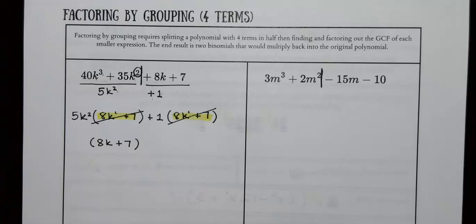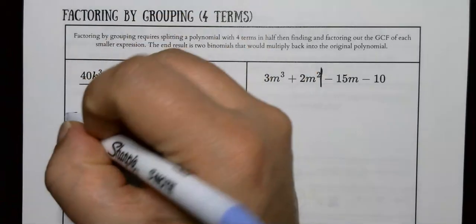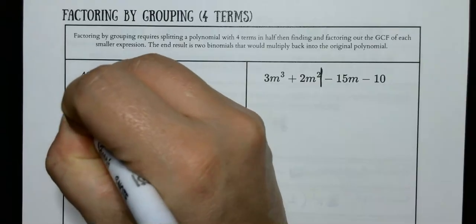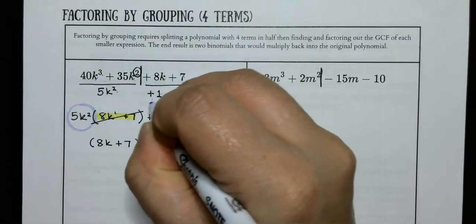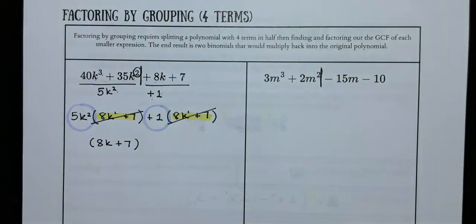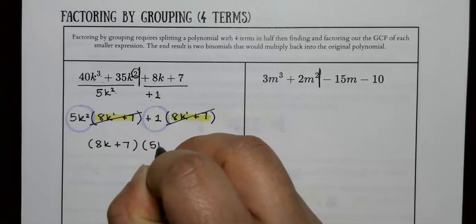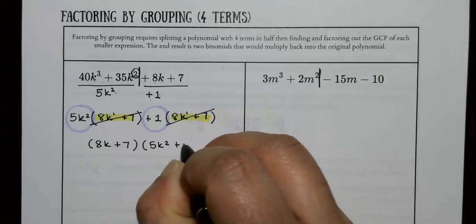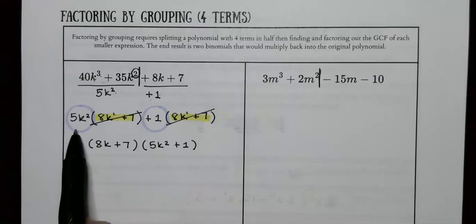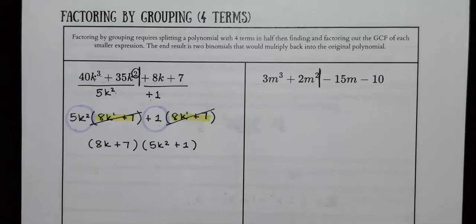And you're going to see that there's two things left over. The GCF from the first one and the GCF from the second one are left over. So we're going to put that in its own separate parentheses. That and that came here.